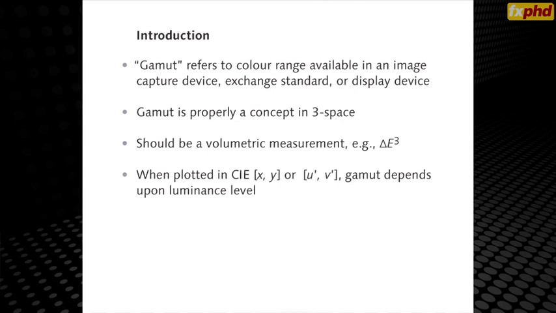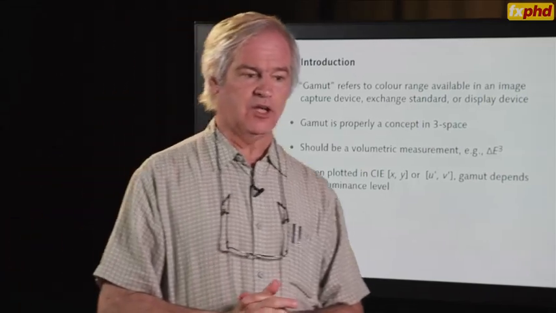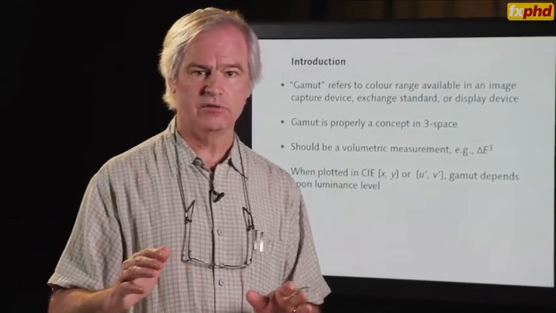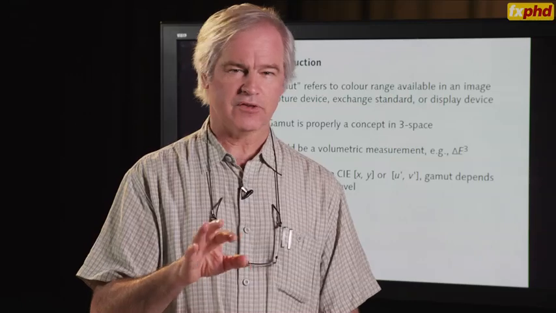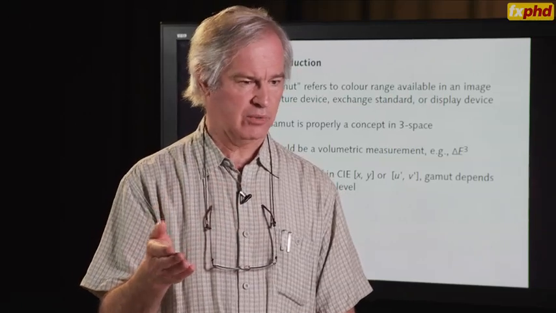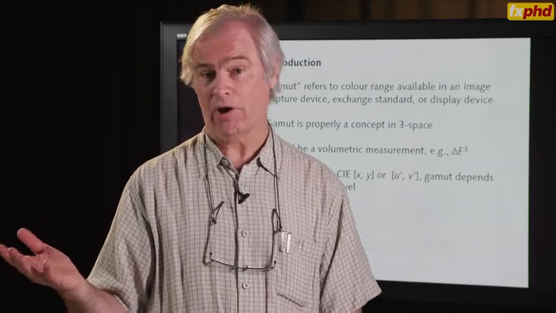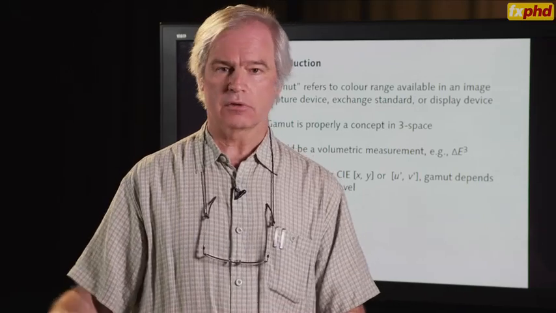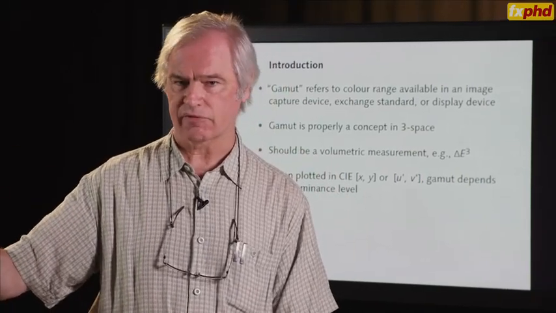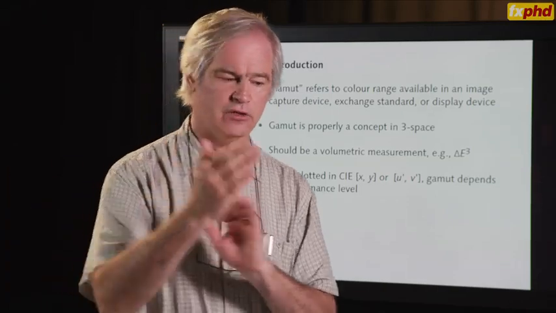Gamut refers to the range in 3 space of colors available in a certain medium. And it's a reasonably easy thing to do to determine gamut of a display system. It's kind of a philosophical argument whether a camera has a gamut or not. And it's certainly true that once the image data from the camera has been rendered into display space, it's got a gamut.